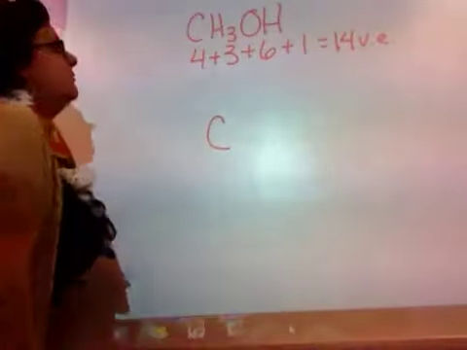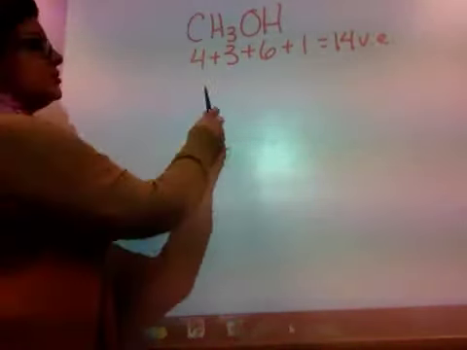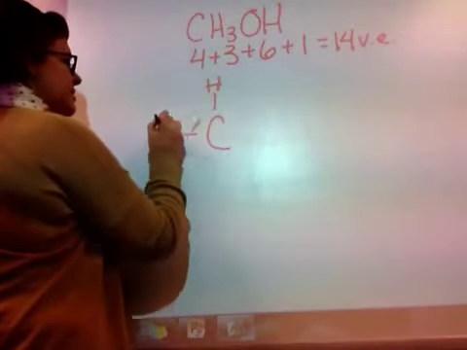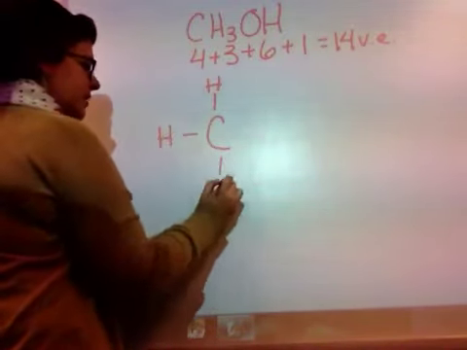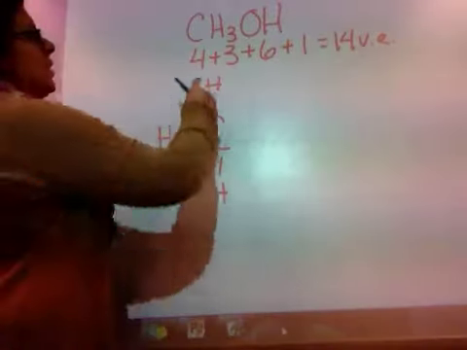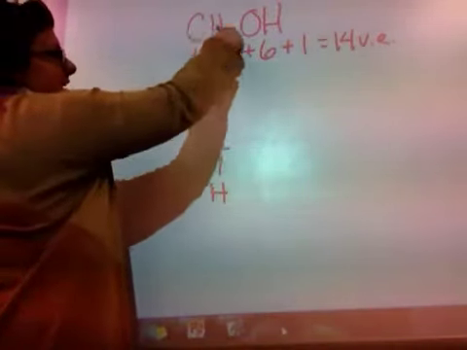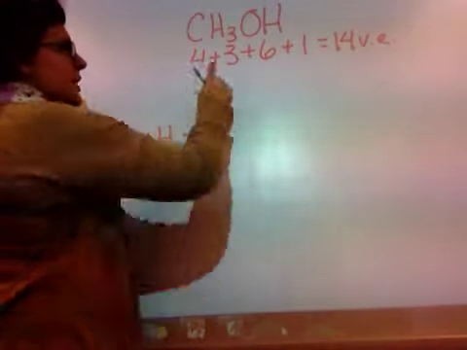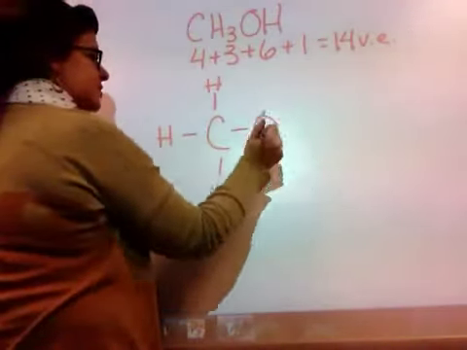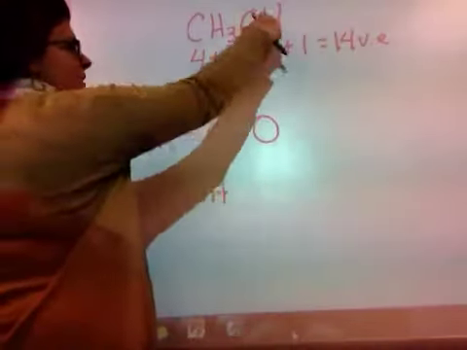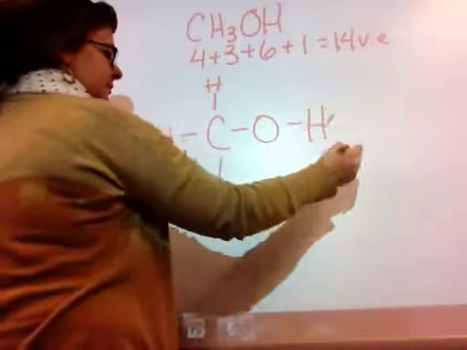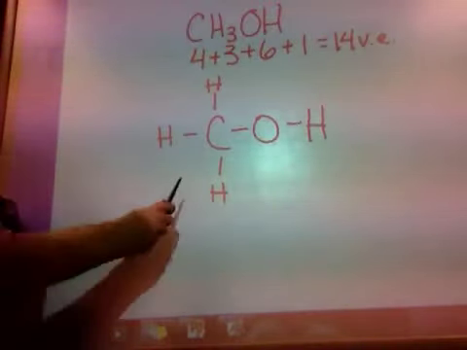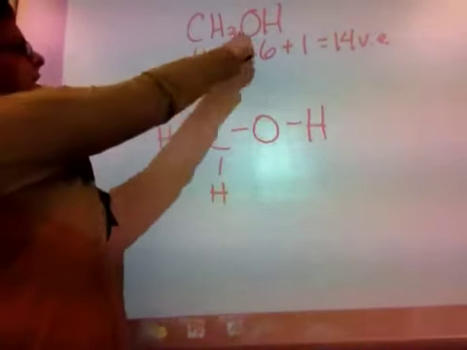So I have carbon here, surrounded by 3 hydrogen. Here's a hydrogen, here's a hydrogen, here's a hydrogen. Next I have an O, here's my oxygen, and that oxygen is attached to another hydrogen. So this would be my structural formula for CH3OH.